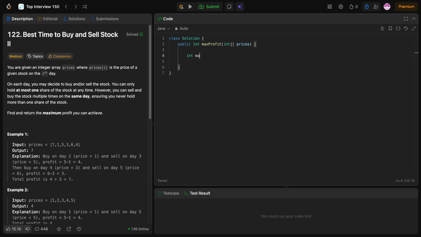So we'll say int maxProfit equals 0. Now we'll say int buyDay equals prices[0], assuming that we're just purchasing it on this day.